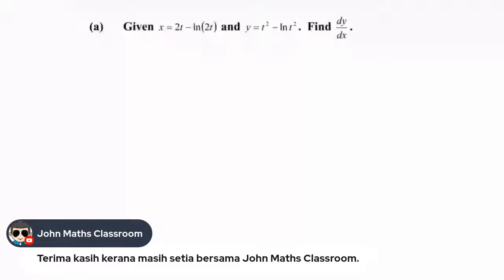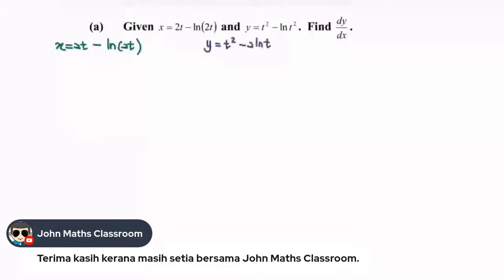X equal to 2t minus ln bracket 2t, where we have the y is equal to t squared. Kindly make use of the properties of log, and we will have -2 ln t. Find the dy dx. So in here, I'm going to differentiate the x with respect to t.